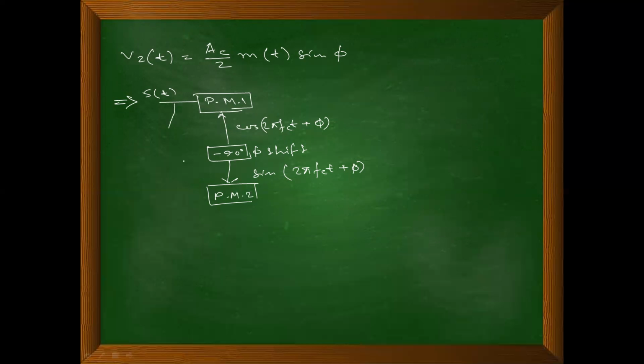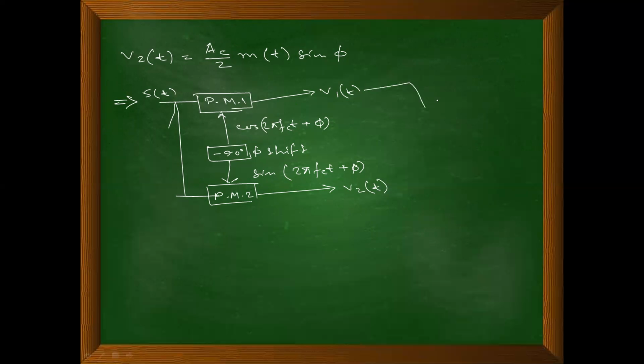So in this case, we have to use two product modulators. Product modulator 1 gives V1(t), and product modulator 2 will give V2(t).